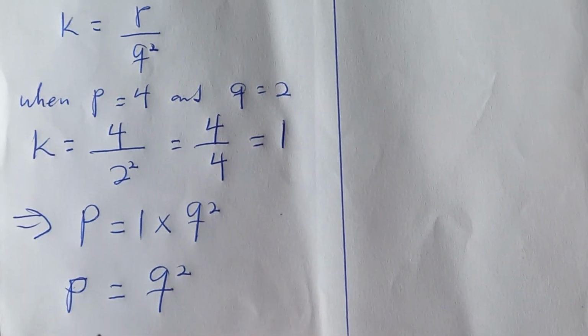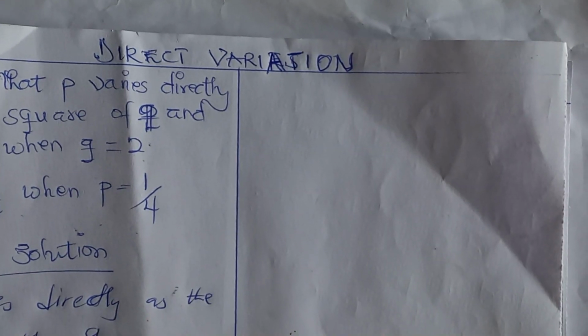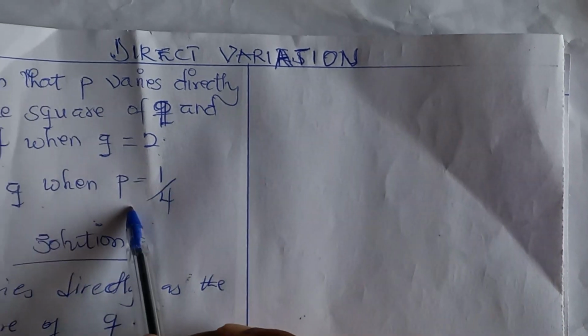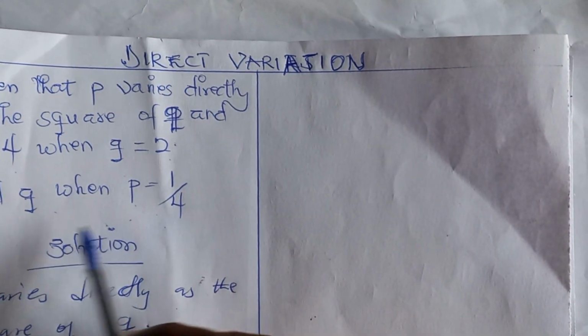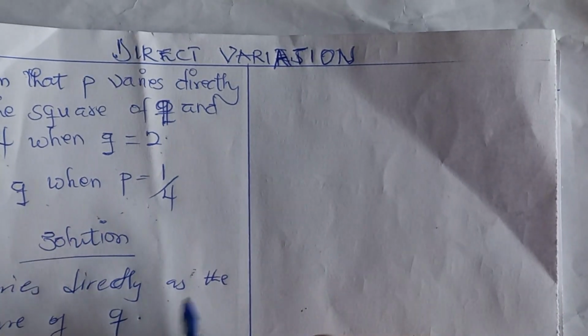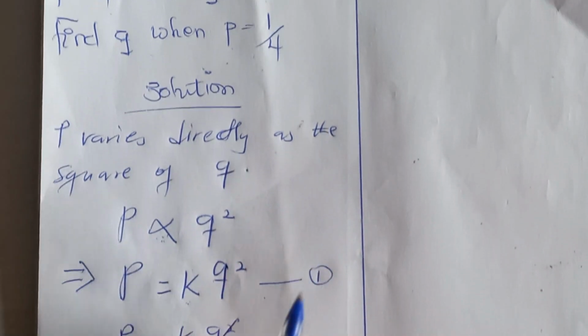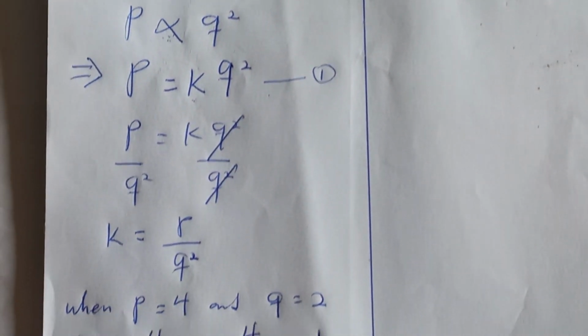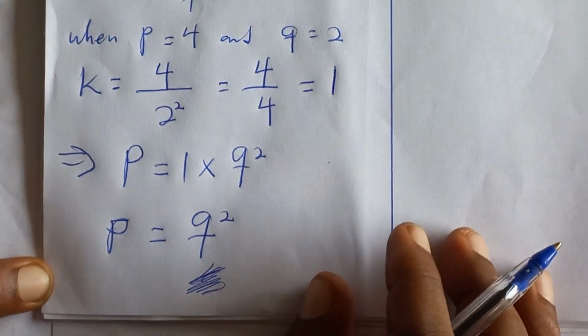This is the equation connecting Q and P. Don't forget, we haven't answered the question. The question says we should find Q when P is equal to 1/4. So we are now coming to answer the question. What we were doing was looking for the equation that connects P and Q together, which was this, so we are using this to answer the question.